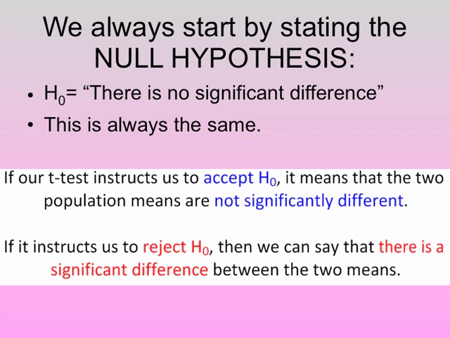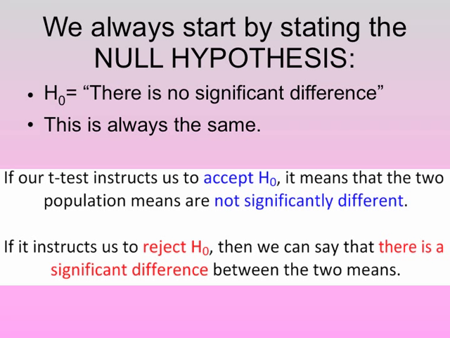Our null hypothesis is that the students from class C1 and the students from class D8 are not significantly different. And the null hypothesis is always the same. Whenever you're using the t-test, you always use the null hypothesis that there is no significant difference.